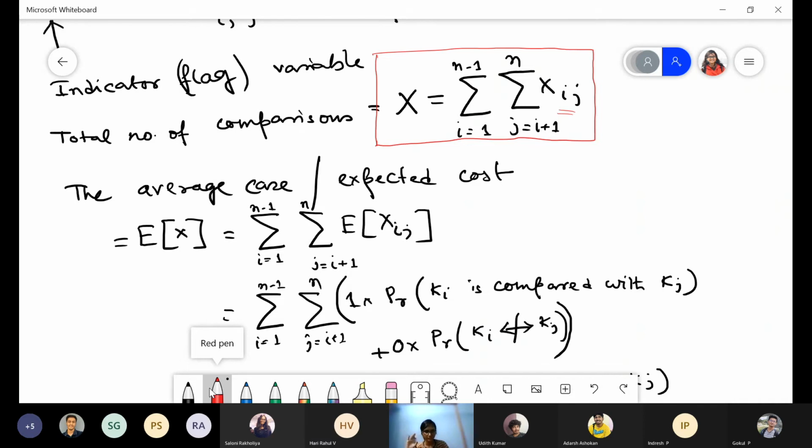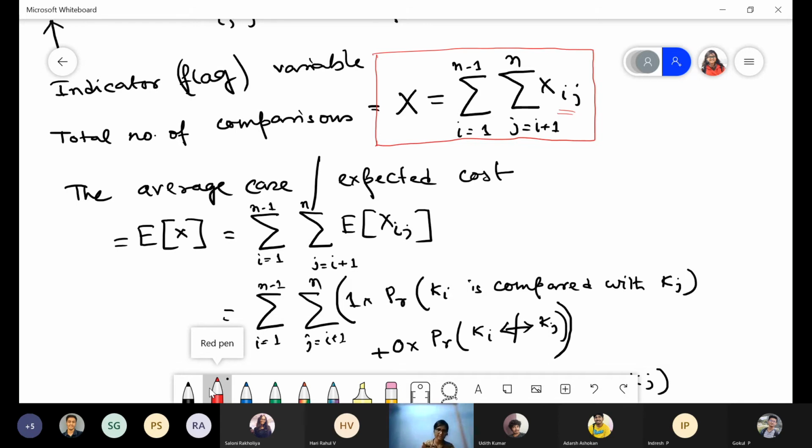Here you understand that there are two all possible terms I am using. First is all possible partitioning, that is this ki and kj. Whatever it is, any arbitrary pair of elements we are going to consider, and that pair of elements can happen for any distribution of input.